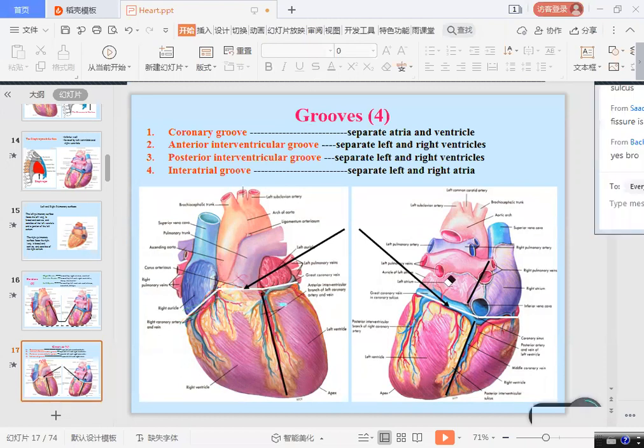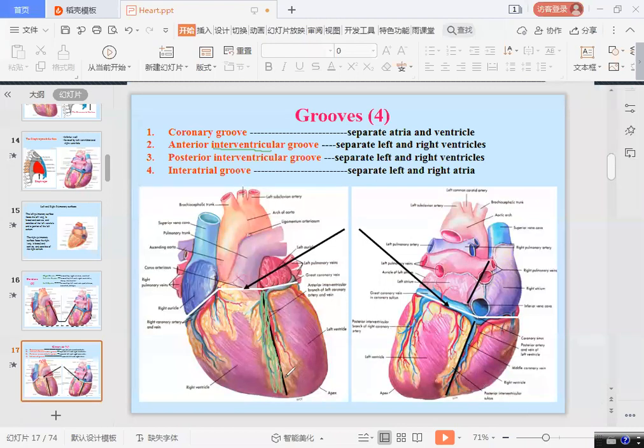While the anterior interventricular sulcus, interventricular meaning between two ventricles, we call it the interventricular sulcus.